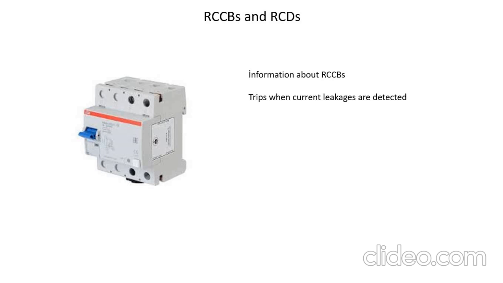So it looks at this difference, and if it is bigger than a certain amount, usually 300 milliamps, then the device is going to trip and provide protection. This is usually used in houses, to protect people from being shocked and stuff like that.